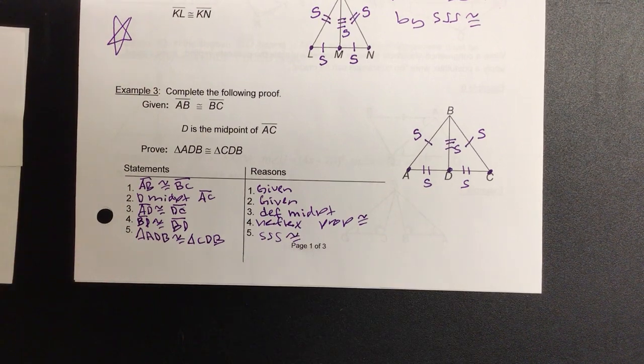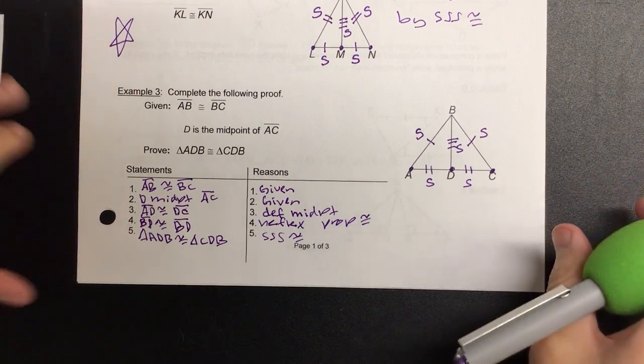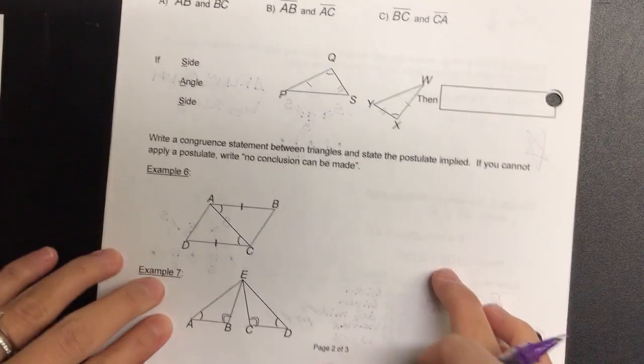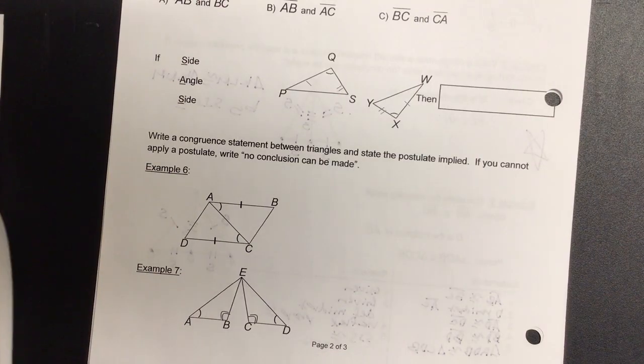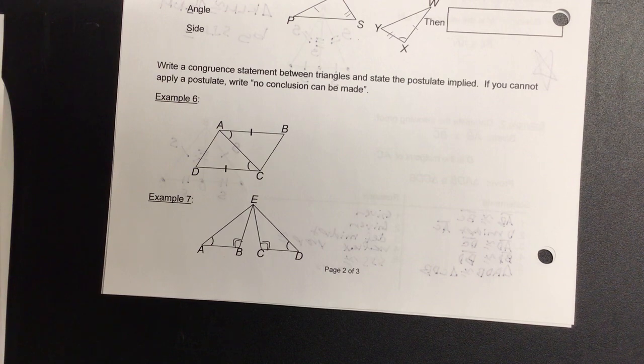So the only thing we added today on the proof was the reflexive property of congruence, that we're going to use quite a bit. So on the back, let's move on to example 6 and let's look at what side angle side looks like. Number 6 is the same one that Joey read basically. Can we conclude something? So looking at this, let's look at our notations.